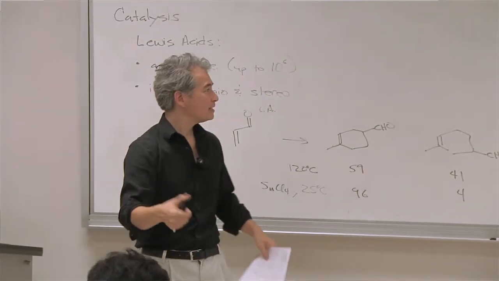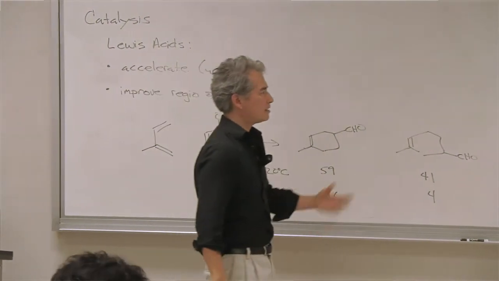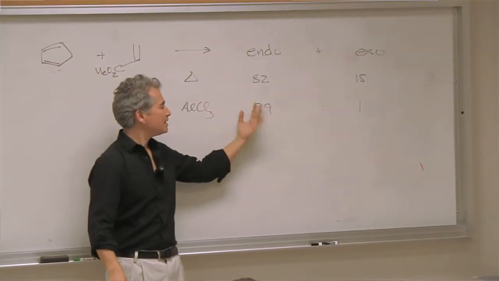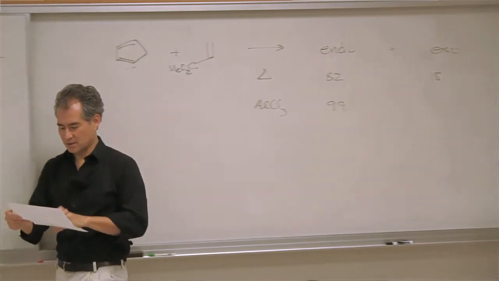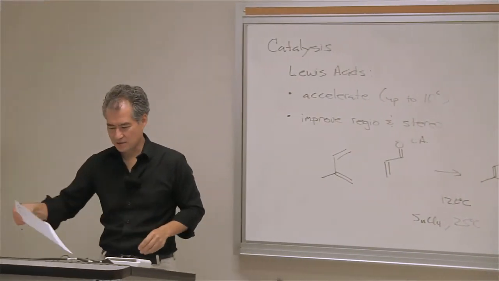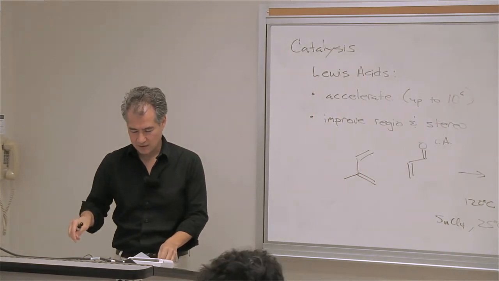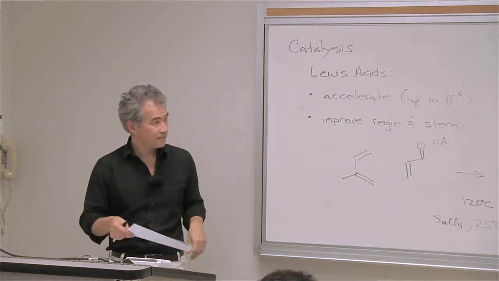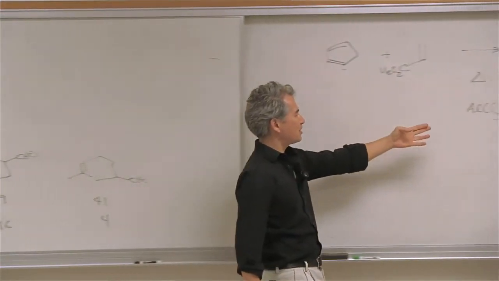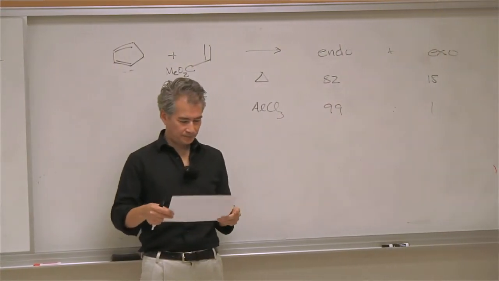It's sterically less favorable. And yet you get this huge influence that it forms at least 100 times faster. I don't know how accurate the 99 to 1 is, but it's 100 times faster to form the endo product when you throw in the aluminum catalyst. They're both faster. You form both of the products faster, but the endo product starts to form way faster.